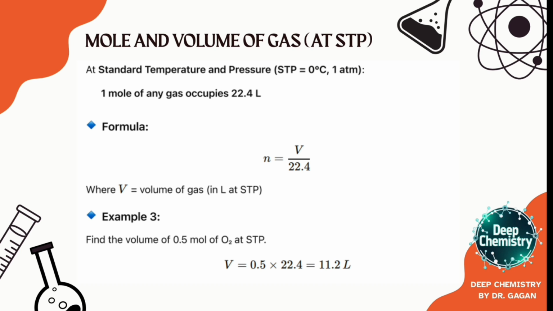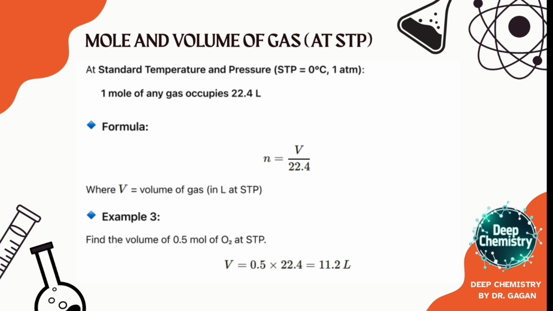Here's another cool part. Gases have a direct relationship between volume and moles. At STP, which means standard temperature and pressure, that is 0 degrees Celsius and 1 atmosphere pressure, 1 mole of any gas occupies 22.4 liters.